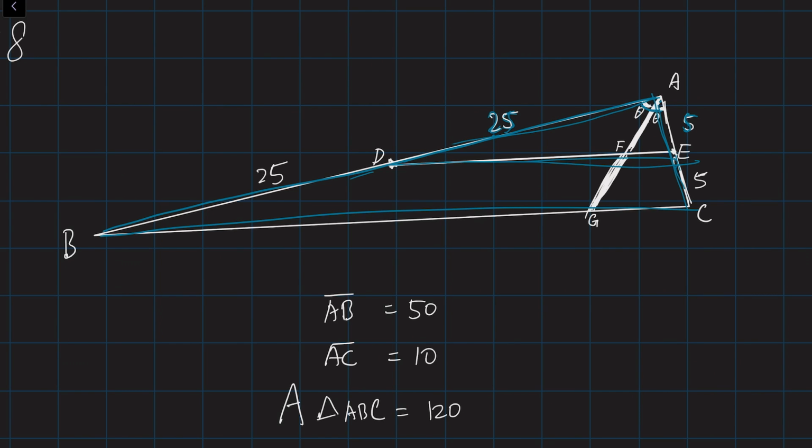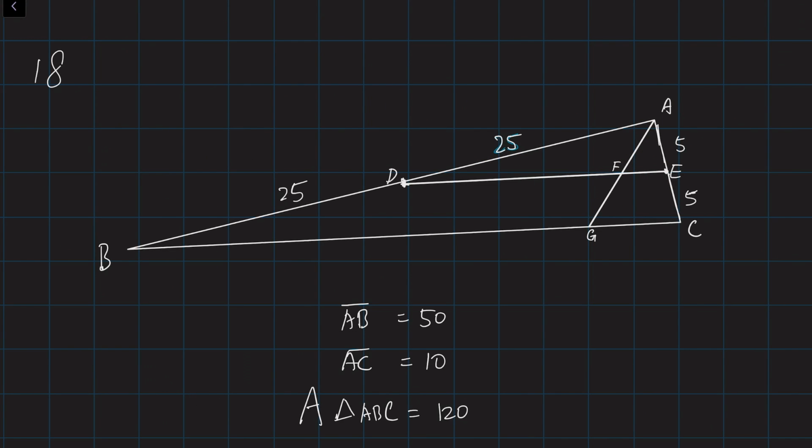Those two are similar triangles, and the second triangle, ABC, is twice the size of the first triangle, ADE. Therefore, all of these lines, if they are of the same angle, should be in the proportion of 1 to 2 as well. So that's a very simple way that you can figure out that AF actually equals FG.